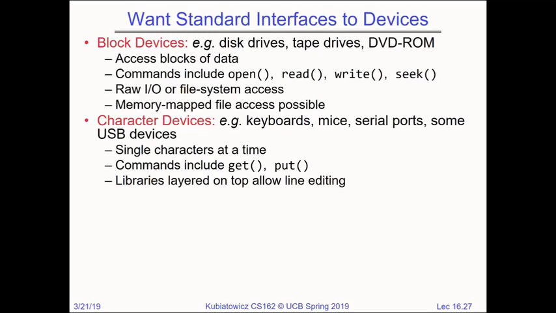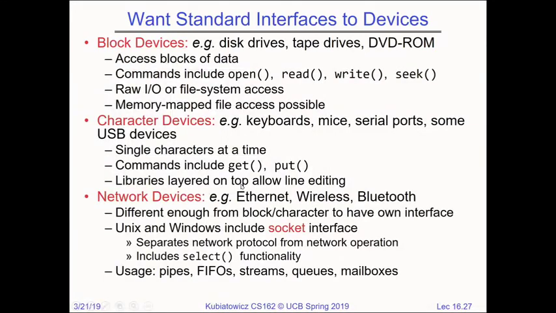Single character at a time. Typically, system calls like get and put are what you're using for that. And there's lots of libraries layered on top for getting lines and so on. And then network devices, things like Ethernet, wireless, Bluetooth, etc. And these are different enough from either block or character devices that typically we think of them separately.